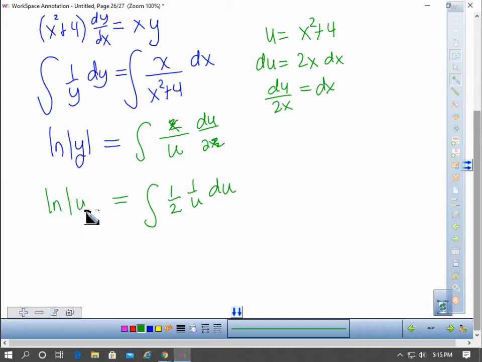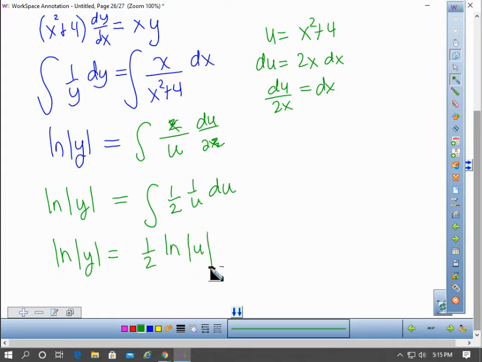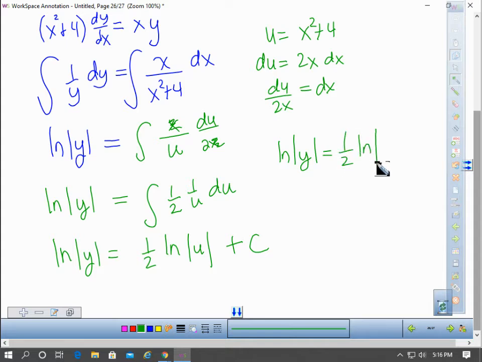So the natural log of y is going to equal 1/2 the natural log of u, and then plus c. And now I need to stick my u back in. So I'm going to have the natural log of y equals 1/2 the natural log of x squared plus 4, and then plus c.